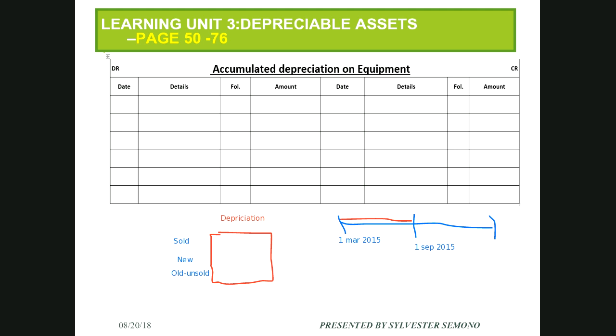Remember we did talk about them before. How many months are here? 6 months. So the depreciation for the asset that we sold must be part of the depreciation, but only for 6 months, because for 6 months I was still having the asset. Does this make sense?